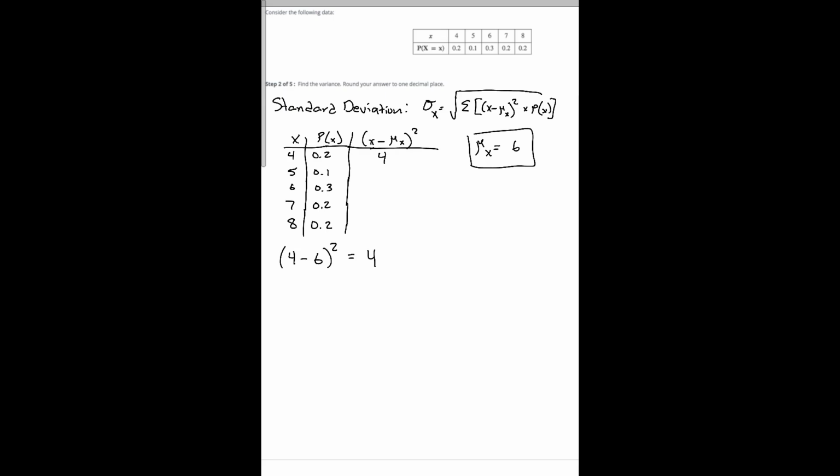Now, let's see here. 5 minus 6 squared, that gets us a negative 1 squared. Negative 1 squared, well, that gets us a positive 1. And then we keep following that same pattern. 6 minus 6 squared, well, that gets us 0. 7 minus 6 squared, well, that gets us a positive 1 squared, which gets us positive 1.